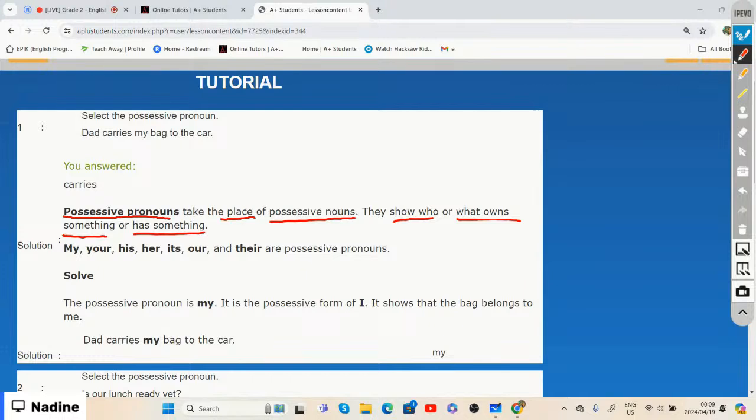For example, if we look at the examples of possessive pronouns, it's saying my, your, his, her, our, and their. These are possessive pronouns.